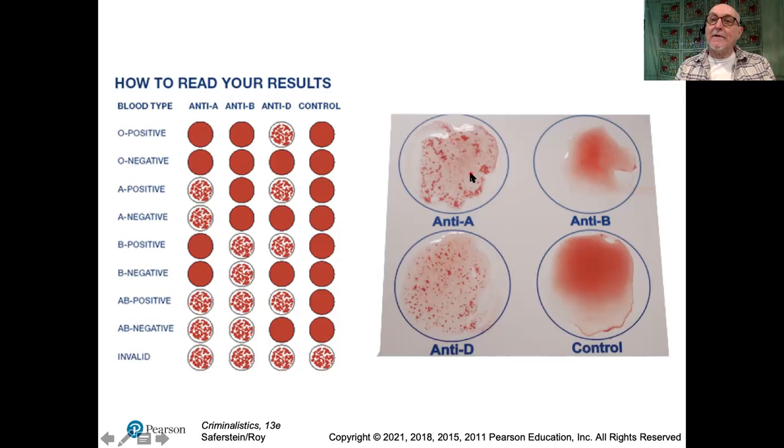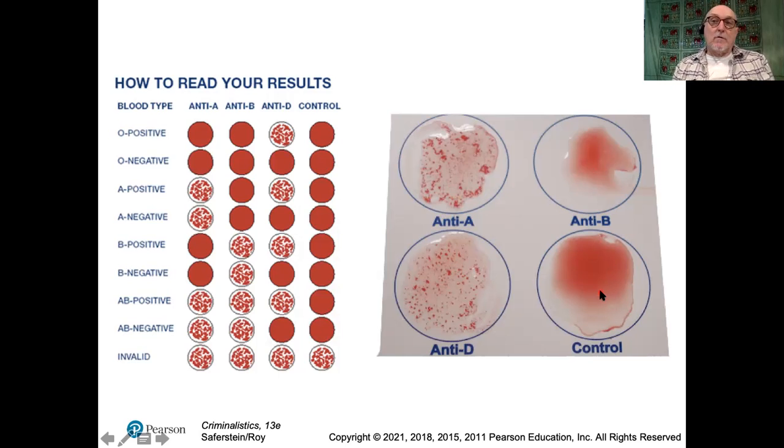This is A blood, so this is clearly group A. Here's the anti-D. This is the Rh factor. We add anti-D, and you can see that it coagulates. That means the blood corpuscles have both A antigen and the D antigen. This is group A, Rh positive, and we say that is A positive.